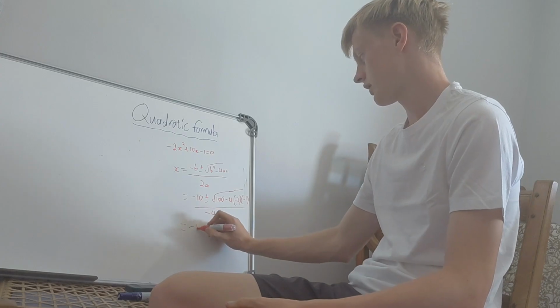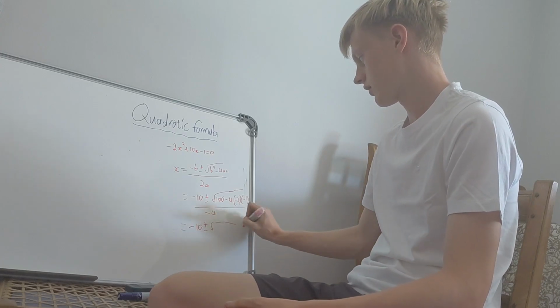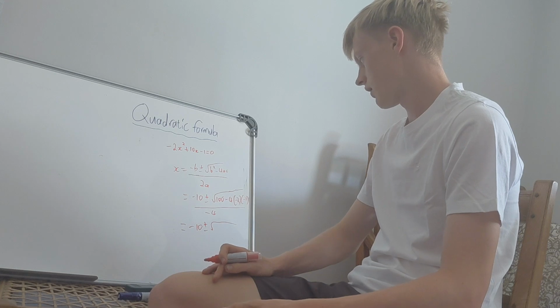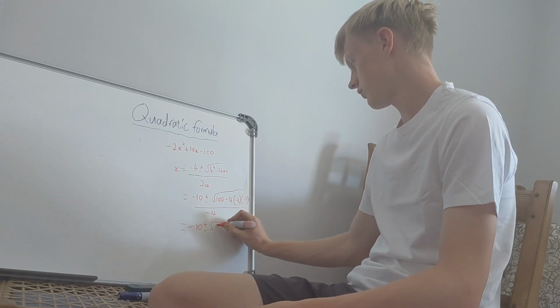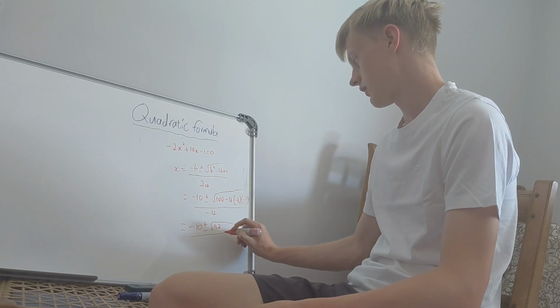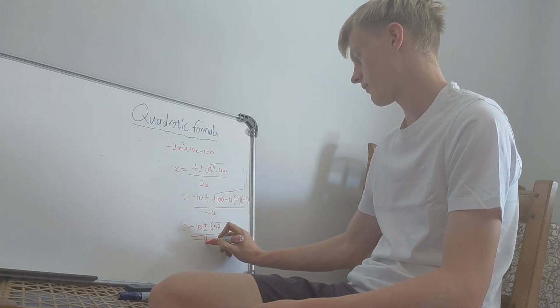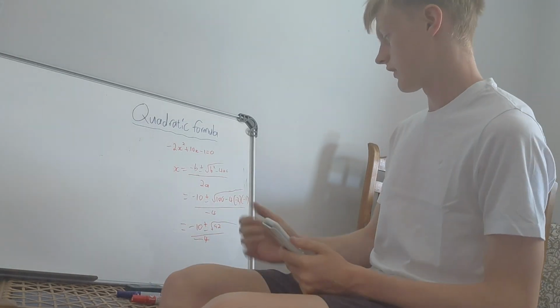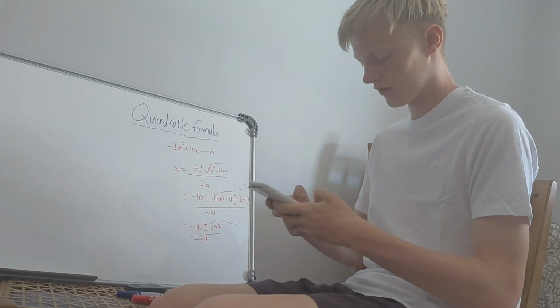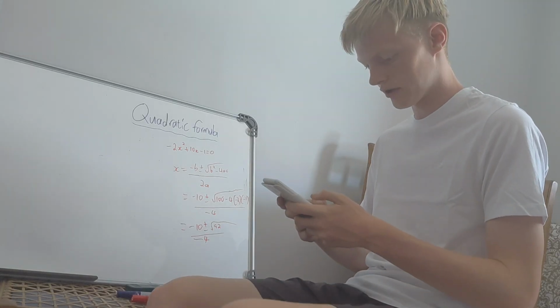So this is just minus 10 plus or minus the square root of 92, over minus 4. And you get this, which you can just plug into your calculator because that's quite hectic to do in your head.